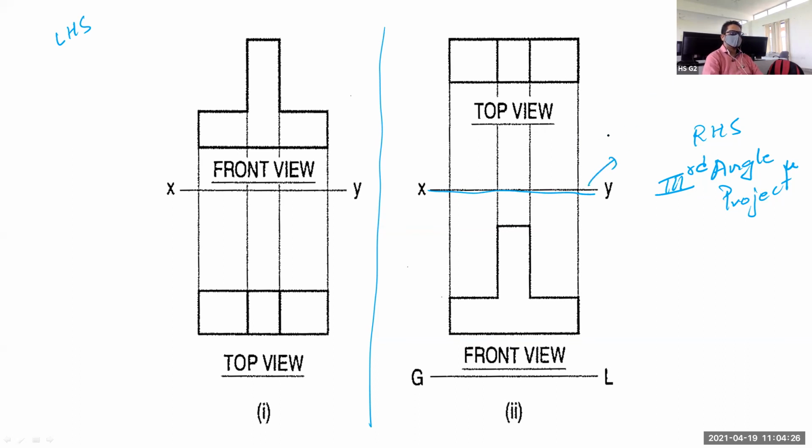In last class we have discussed that this XY line is your reference line, and if you have top view above your reference line, then this is your third angle projection method. Whereas you can see here, above your XY reference line, there is your front view. So this is your first angle projection method.